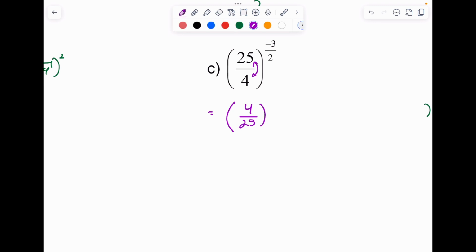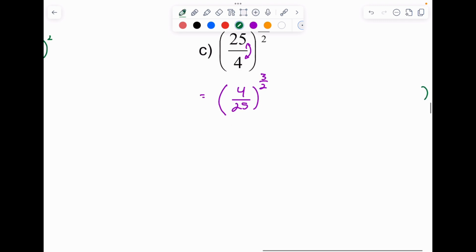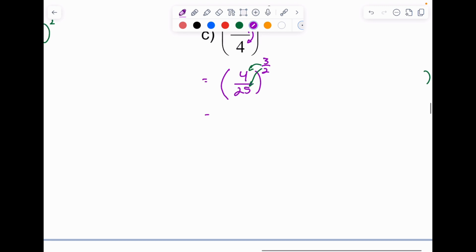So it's still the same exponent. It's still 3 over 2. Now the rule says take this exponent and distribute it to both numbers because you have a fraction. So it's using the laws we learned before. So this is 4 to the 3 over 2. This is 25 to the 3 over 2.